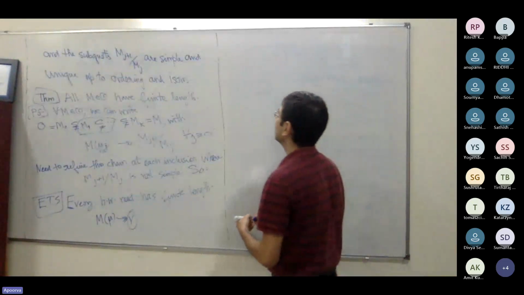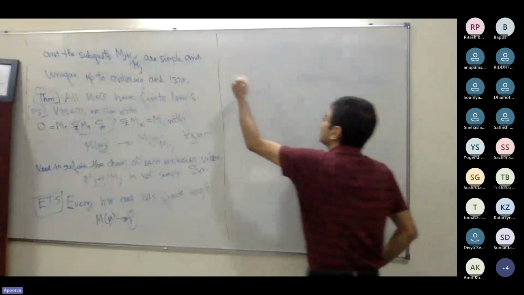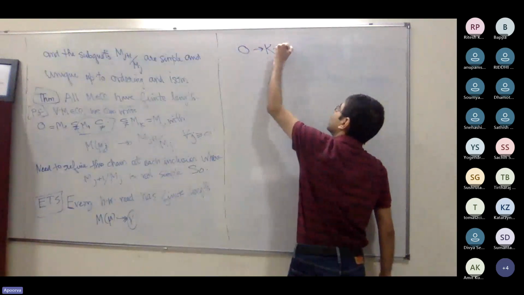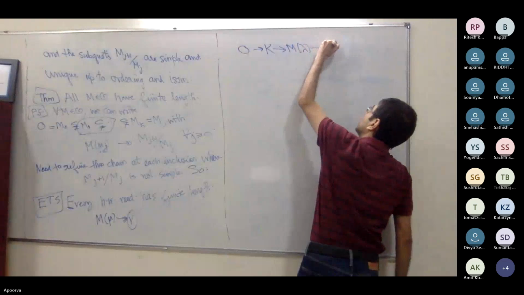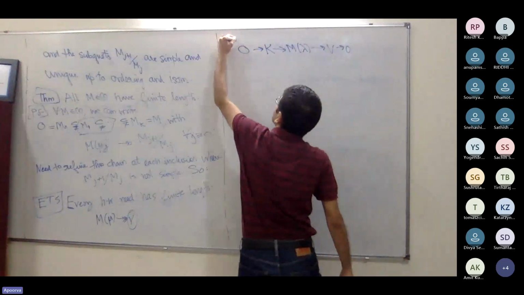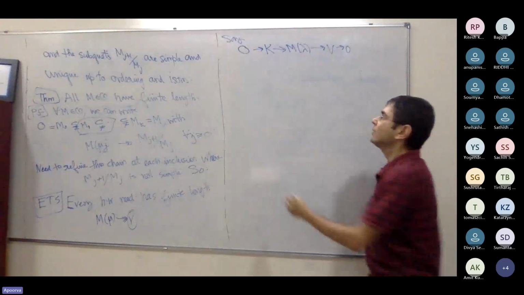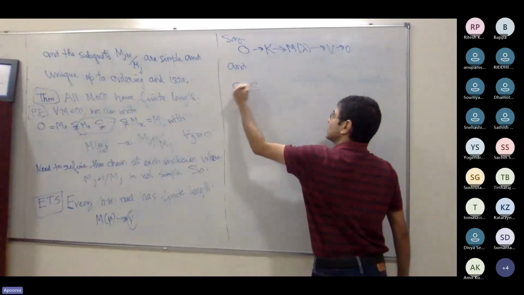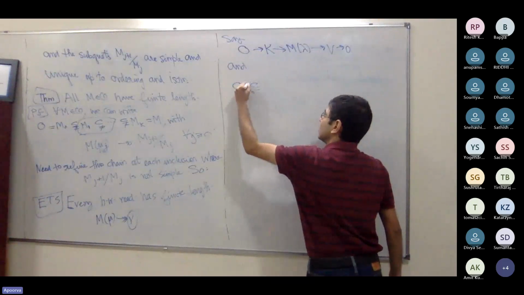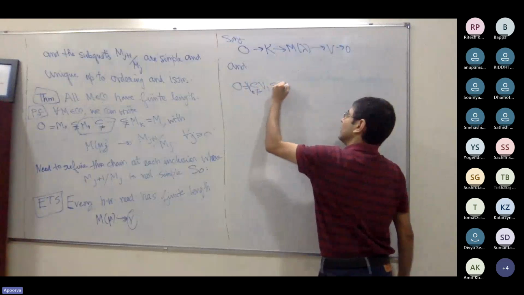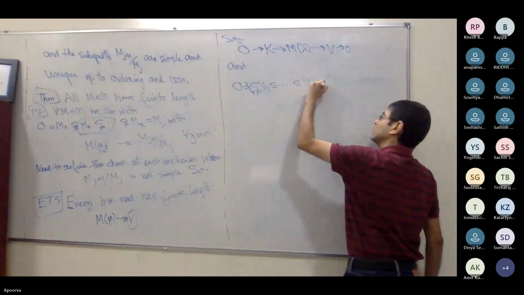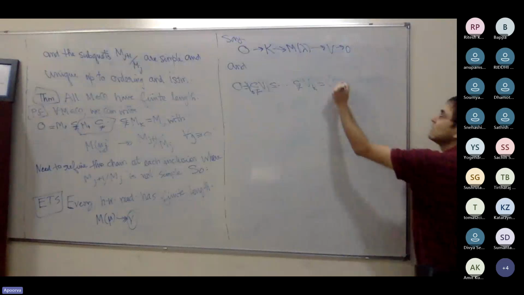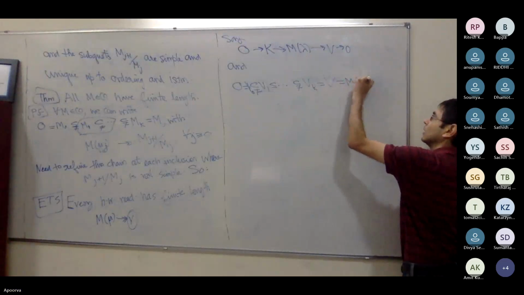Now, if I want to say somehow, so the point is this. So let's say 0 to kernel to m lambda to 0. Okay, and we have some chain, let's call it v0, v1, ..., vk, but this is equal to m lambda mod k.